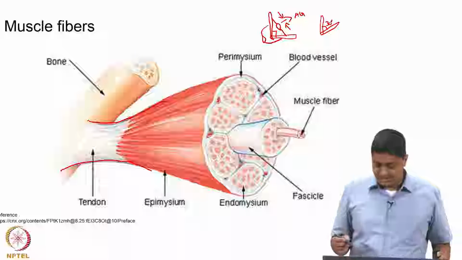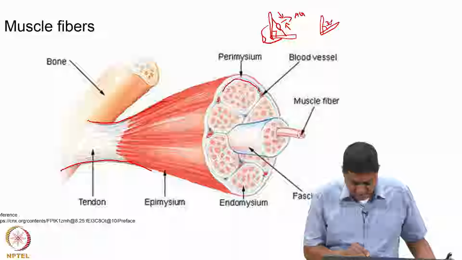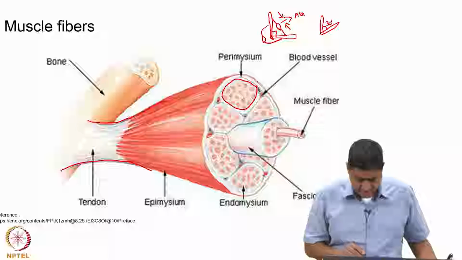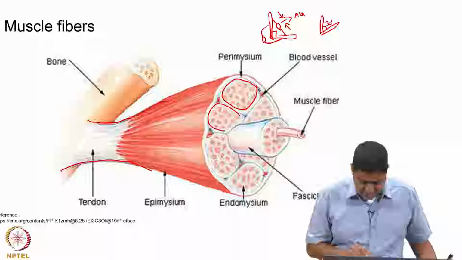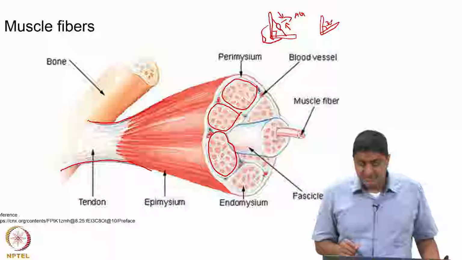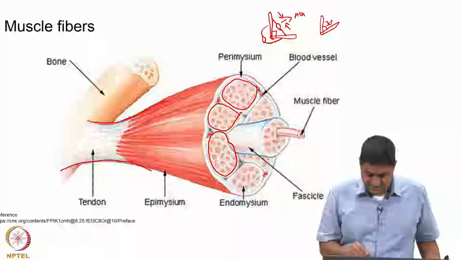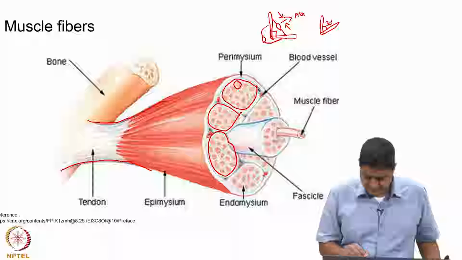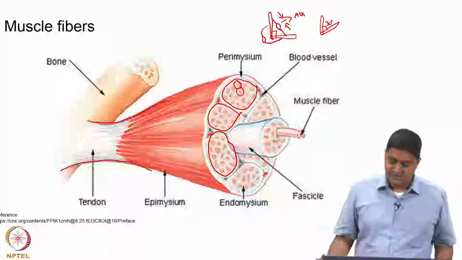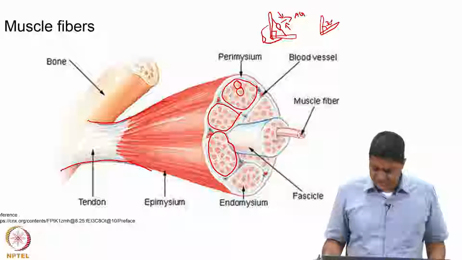Say for example, that is one bundle, that is another bundle, and so on and so forth. Each of these bundles themselves contain several smaller sized bundles such as those. These are called a primary bundle, secondary bundle, tertiary bundle, and so on and so forth.